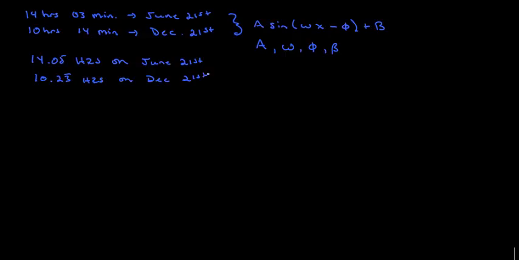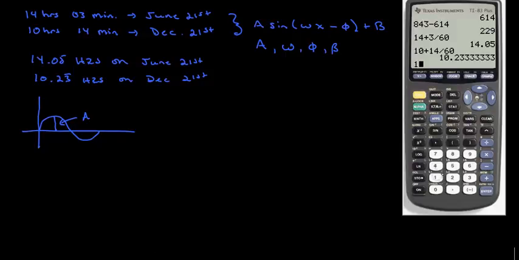Okay. So our amplitude, if you think about the way the curve is going to work, your initial sine function looks like this, and we want this length, which is the A value, the amplitude, we want that to be half of this. So we're just going to take the difference of those two values. So 14.05 minus 10.23 repeating gives us 3.816 repeating.